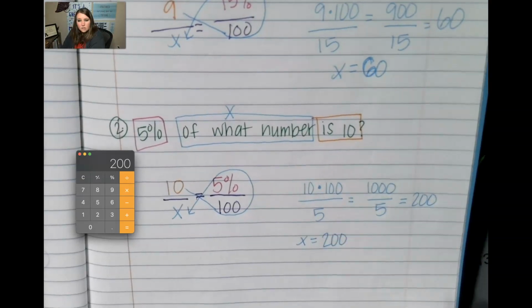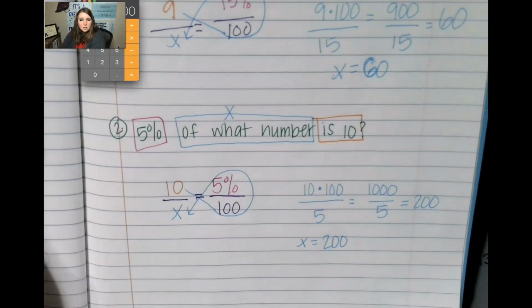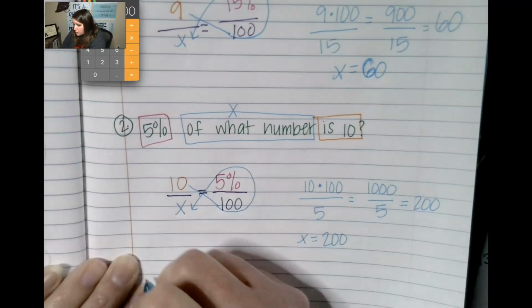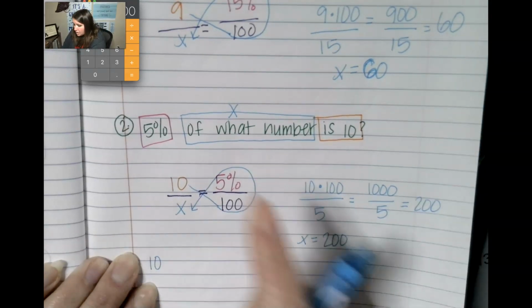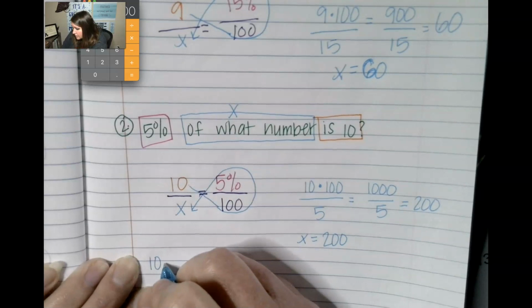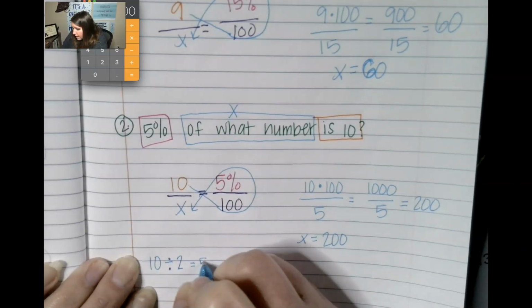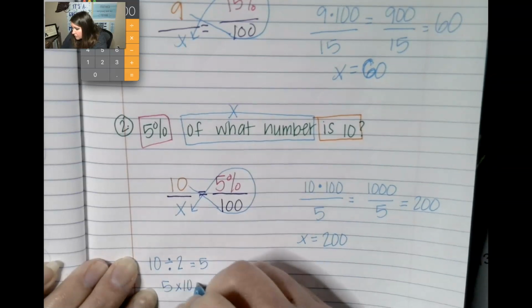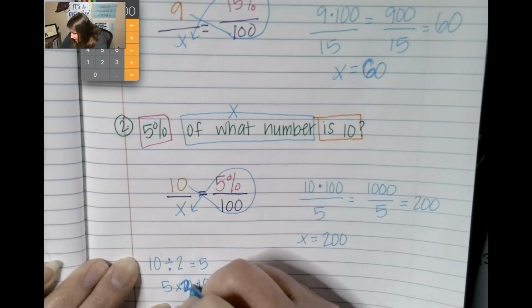Okay, this is a really good one to show you as an example of going across, right? So we could do, how do we get from 10 to 5? So 10 divided by 2 equals 5, right? Or 5 times 2 equals 10.